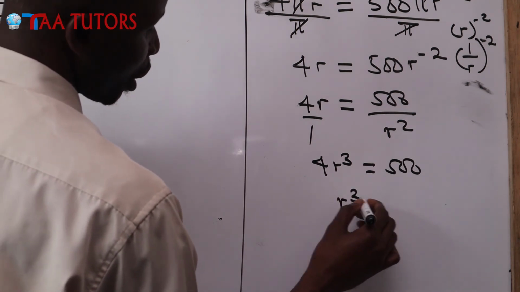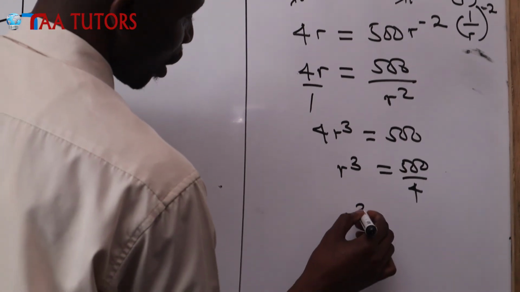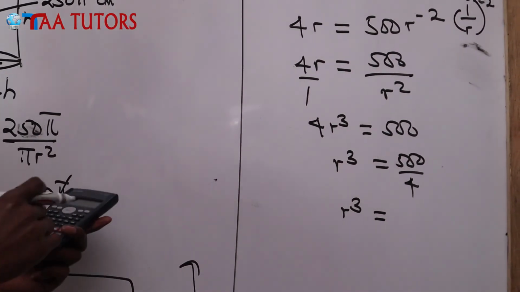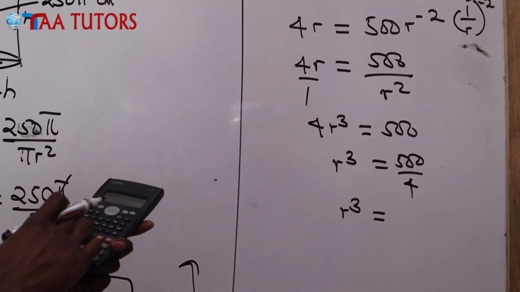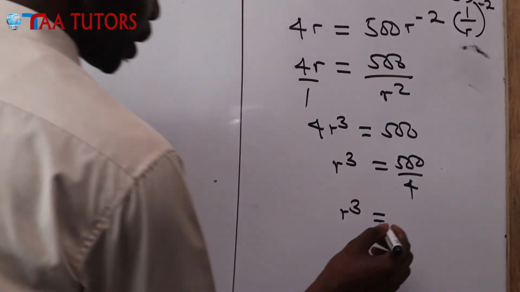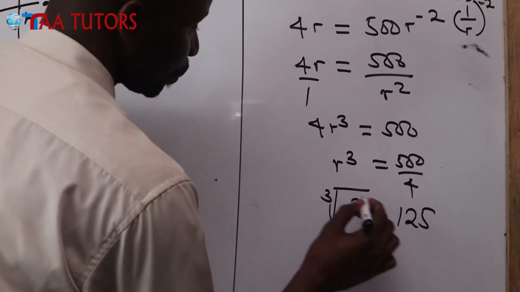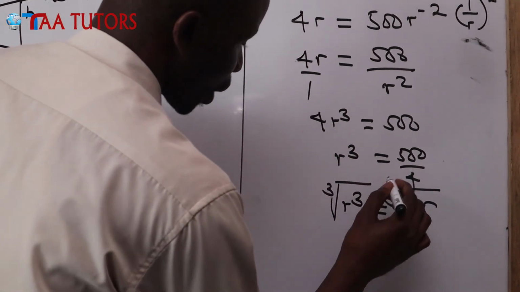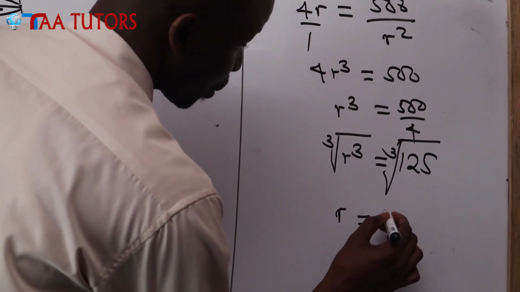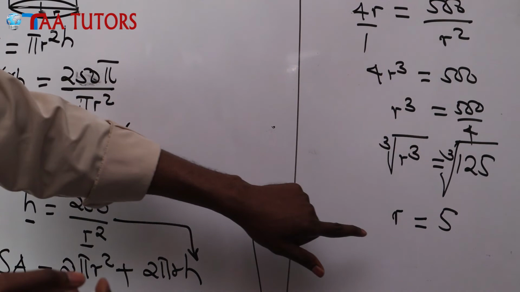And r cubed will be 500 divided by 4. So r cubed equals 500 divided by 4, which is 125. If I get the cube root of both sides, I'll get r equals 5. So our r is 5.